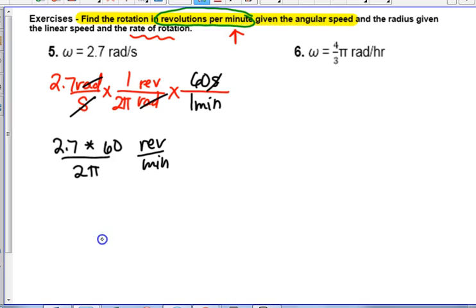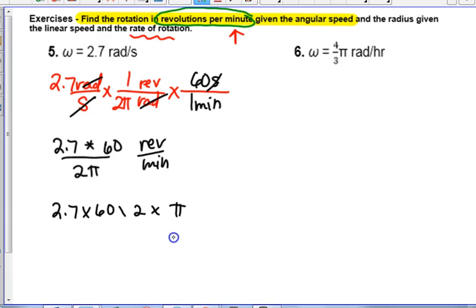You get the wrong answer 90% of the time here. Why? Why is everybody going to get this wrong when they type it in their calculator? Yeah, if you type 2.7 times 60 divided by 2 times pi, it's going to do all this and then multiply by pi. You want the pi to be divided, right?